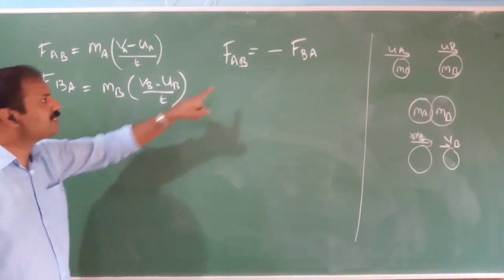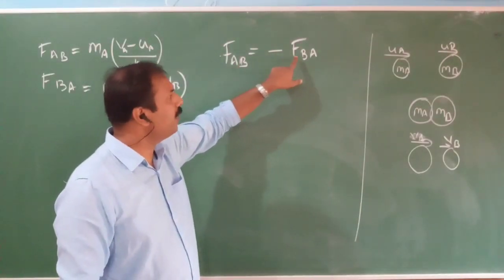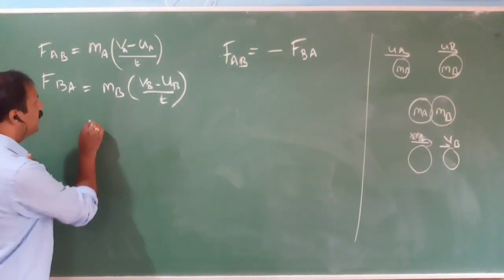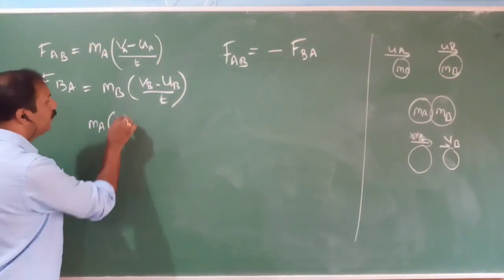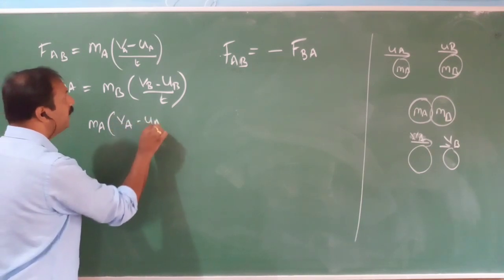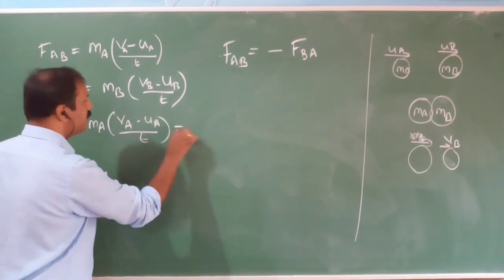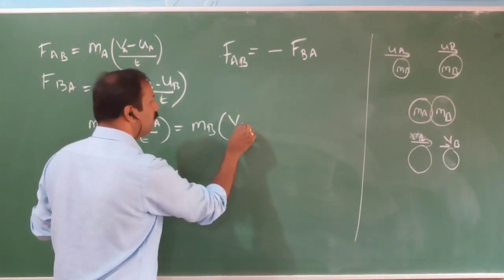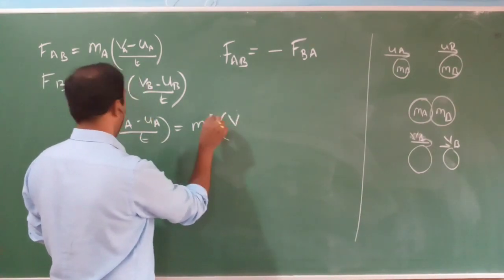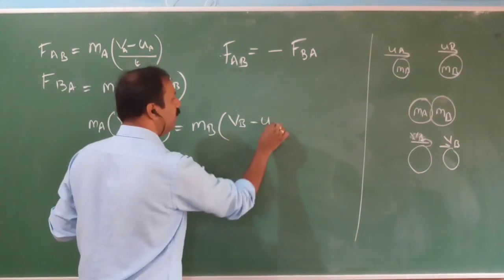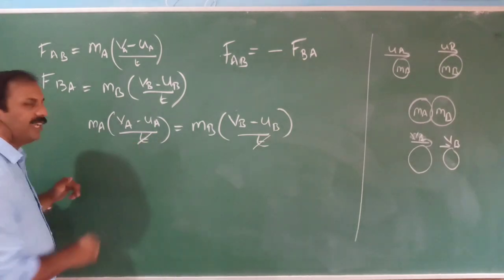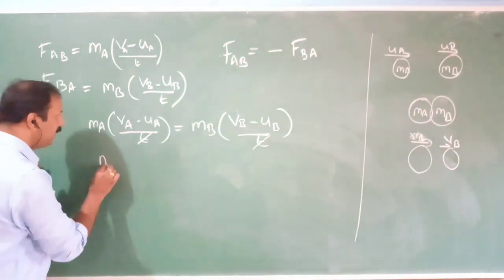So we have this equation. Now what does it say? FAB is equal to minus FBA. So we can equate MA into VA minus UA divided by T is equal to minus MB into VB minus UB divided by T. The T and T you can cancel. Then what is remaining?